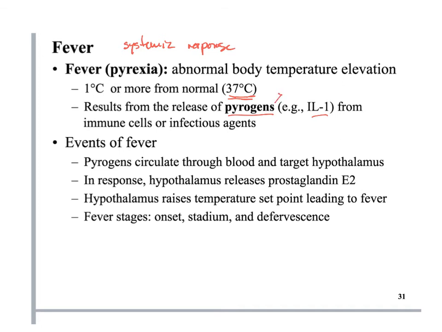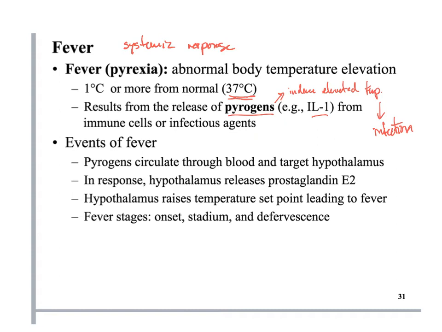Pyrogens are chemicals that induce elevated temperatures. Okay, and really this is the body's response to an infection, a way of systemically trying to block and stop the infections from spreading.